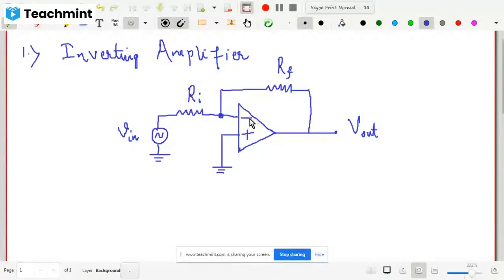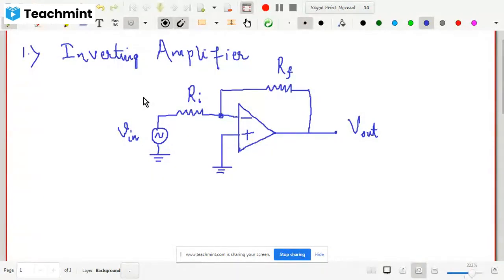The output is fed back to this input through this feedback resistor Rf. The plus input terminal is connected to the ground potential, or you can say it is grounded. Since the plus terminal is grounded and input is given to the minus terminal, it is known as an inverting amplifier, and the output would be out of phase with the input.